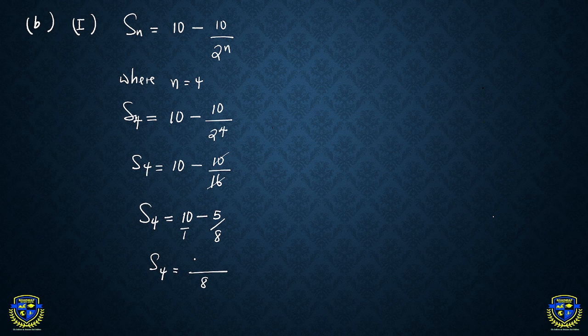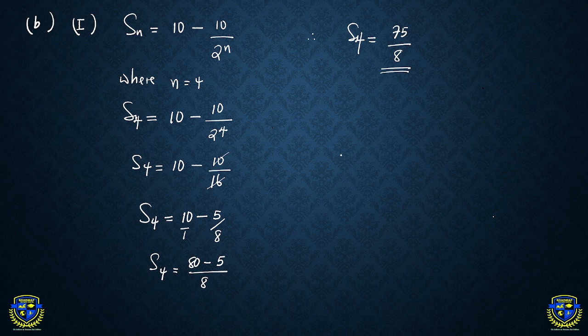That's going to give us 80. Then 1 into 8 into 8, that is 1. 1 multiplied by 5, that's 5. So therefore, the sum of the first 4 terms is going to be 80 minus 5. That's going to be 75 over 8.